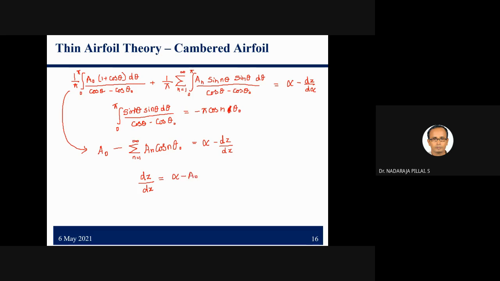Alpha minus a naught plus the summation of n is equal to 1 to infinity a n cos n theta.